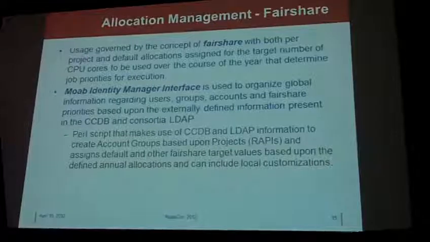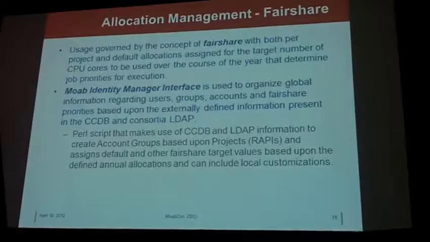With this Perl script, we make use of the CCDB, or Compute Canada database, as we call it in long form, and our LDAP to create account groups based upon resource allocation project identifiers, or RAPIs, forgive this Compute Canada terminology. And we assign both default and project-based allocations for the course of the year. Those are the Fairshare targets that we set.